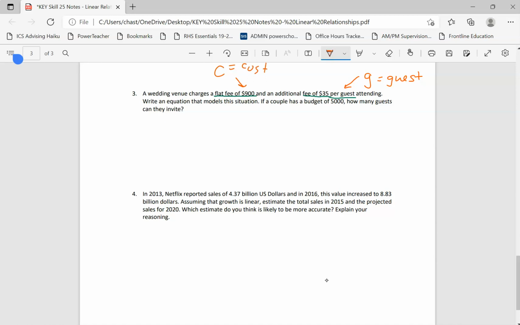So let's see, we would have cost is equal to your flat fee of $900, and then you're going to add $35 per guest. We have a budget of $5,000, so we put in $5,000 for the cost, and we're going to solve this for G.